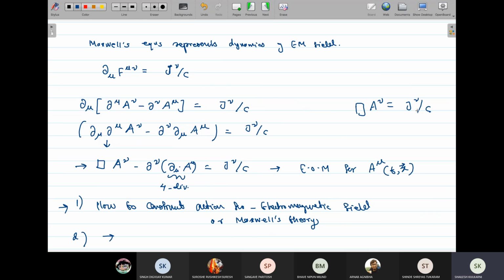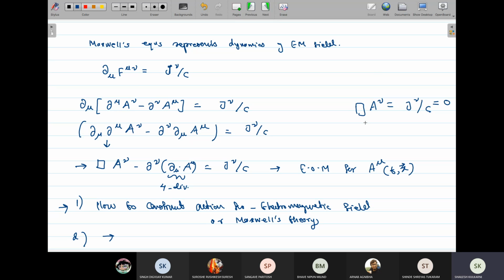Okay, and now if I specialize to the case for which there are no sources, so I have empty space, there is no charge density, there is no free current, then this term will go away. So this is 0.